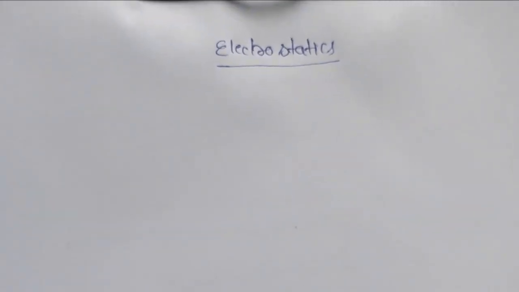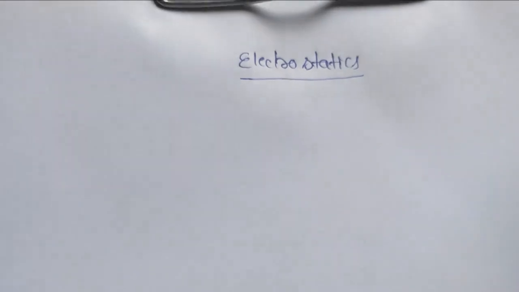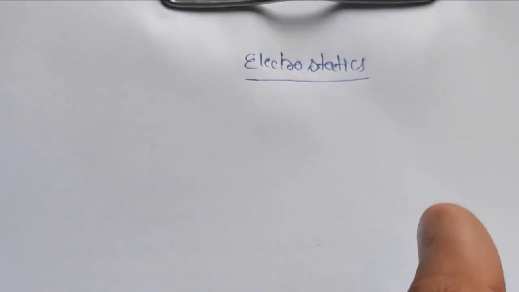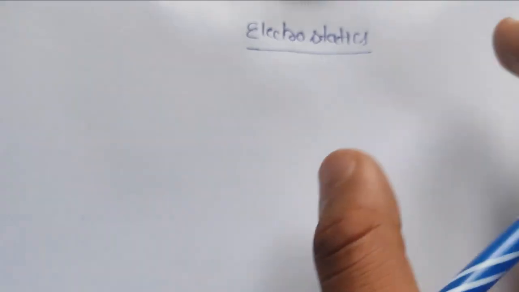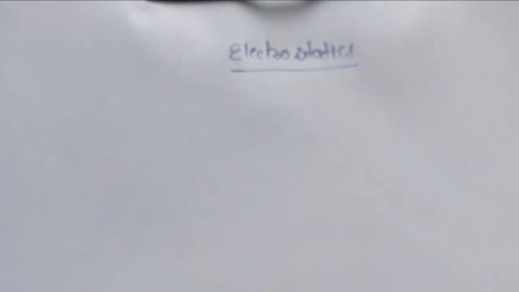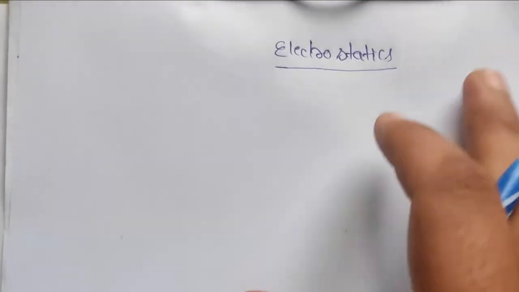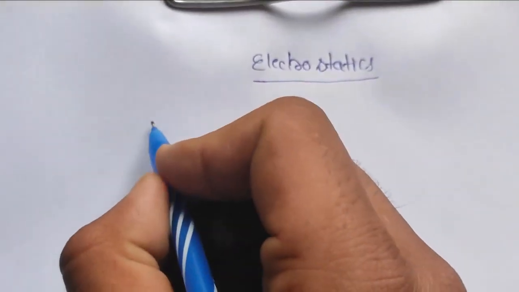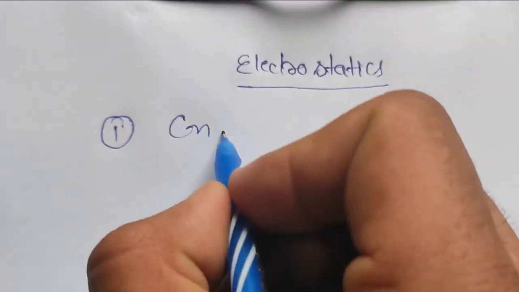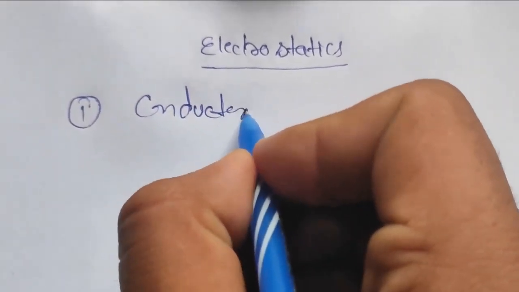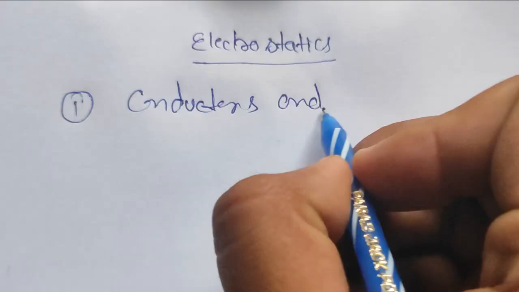Electrostatics. In the previous class I explained what charge is, basically the whole concept of why we call this charge. Now the next part, from the previous, is conductors and insulators.